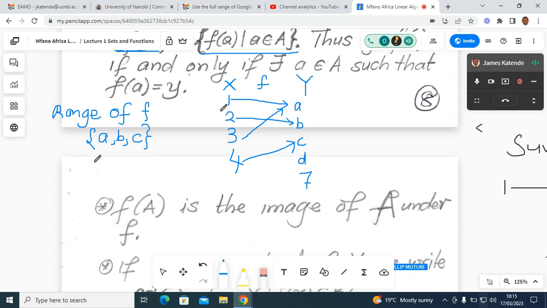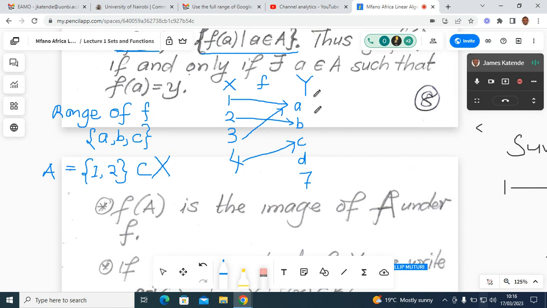But now let's pick a subset of the domain. So let's take the subset to be these points, 1 and 2. So here we have picked a subset of the domain.